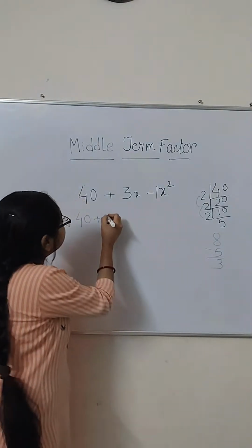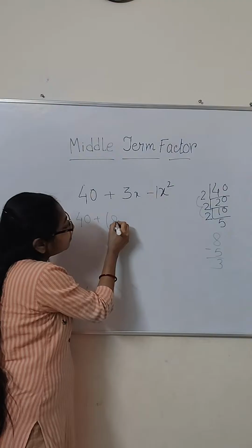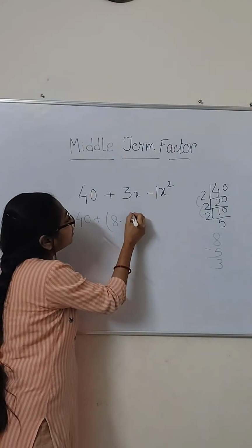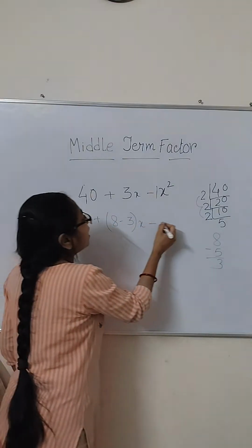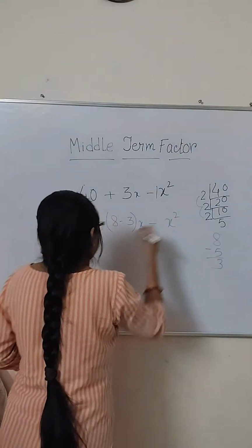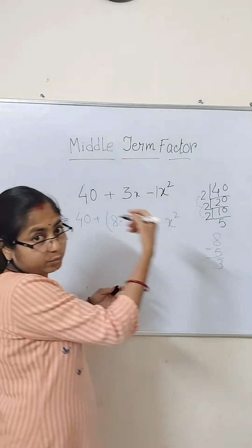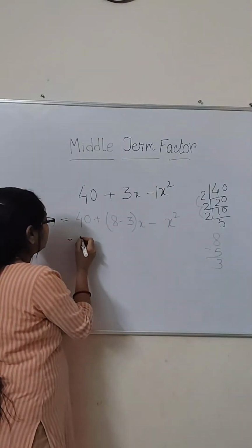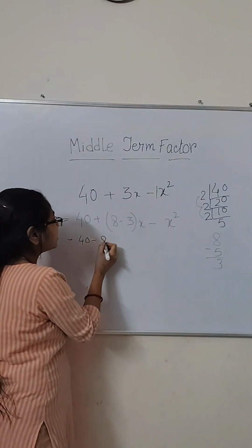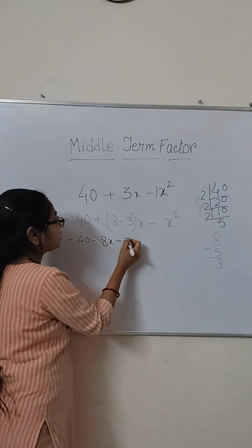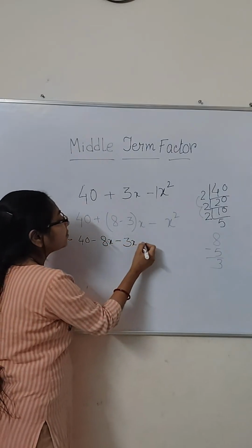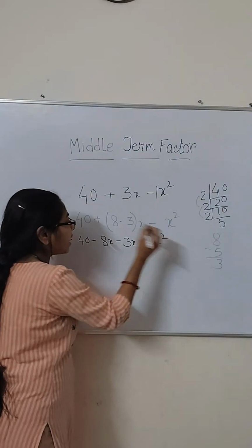So you write 8 minus 5, 3x minus x square. Now I remove the bracket. 40 minus 8x minus 3x minus x square.